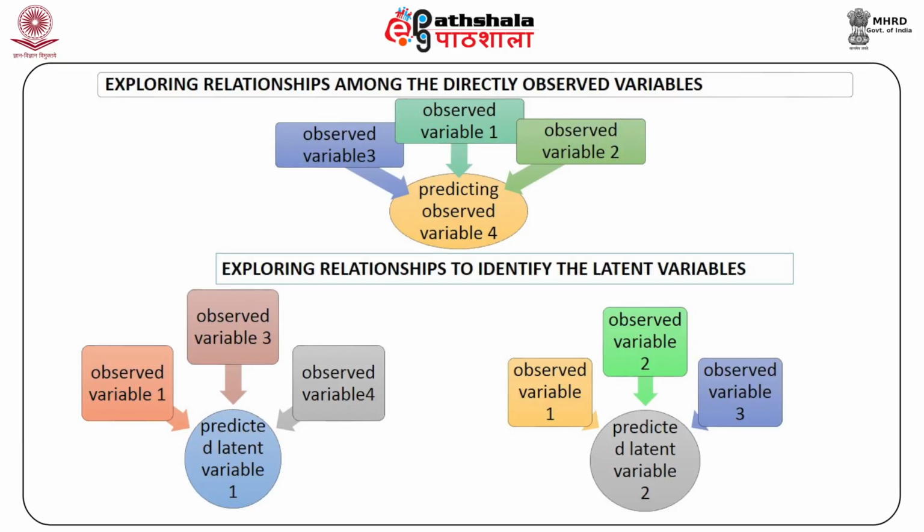There are three observed variables 1, 2 and 3 which help in predicting the observed variable 4. However, if we look at the remaining two panels of figure 1, we find that there are certain latent variables which have emerged out of the observed variables' relationships. And this is what we are going to study in the current module.